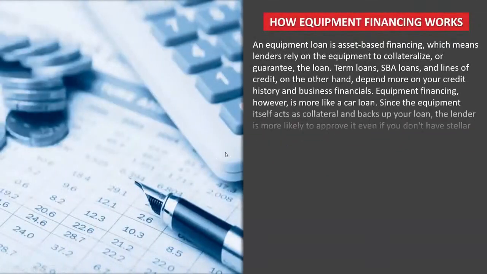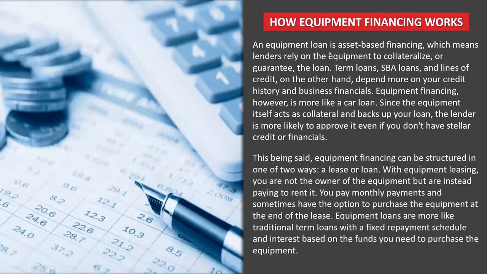How equipment financing works. An equipment loan is asset-based financing. Term loans, SBA loans, and lines of credit depend more on your history and business financials. Equipment financing is more like a car loan, since the equipment itself acts as collateral and backs up the loan. The lender is more likely to approve it if you don't have stellar credit or financials.